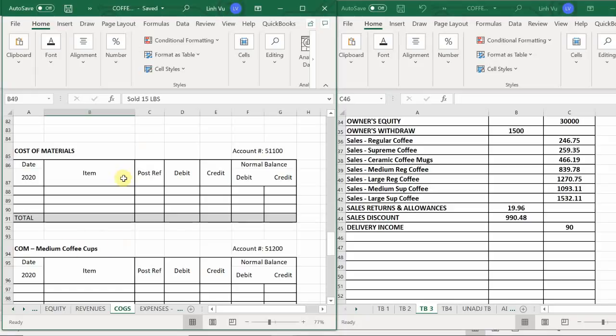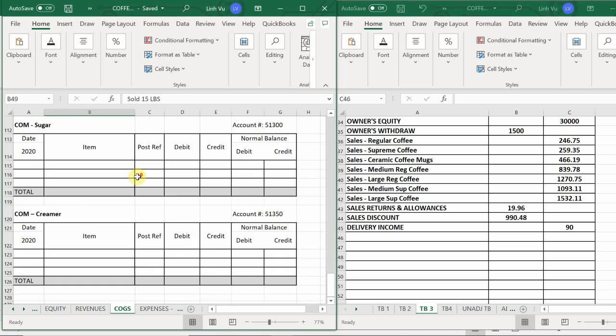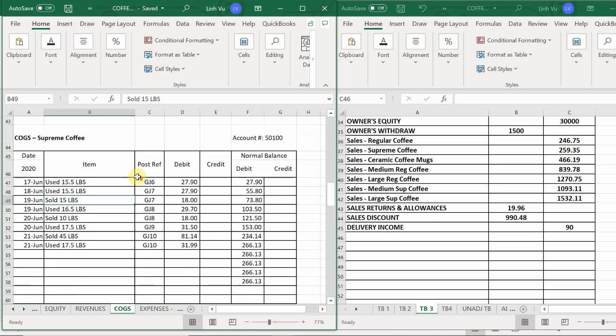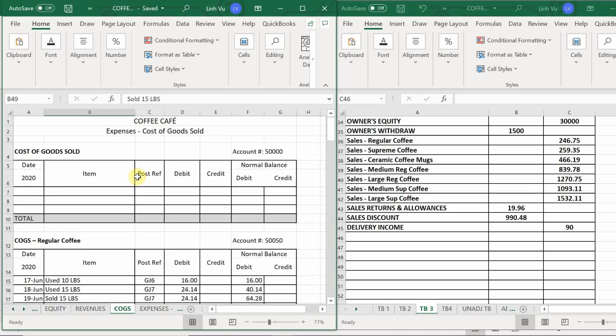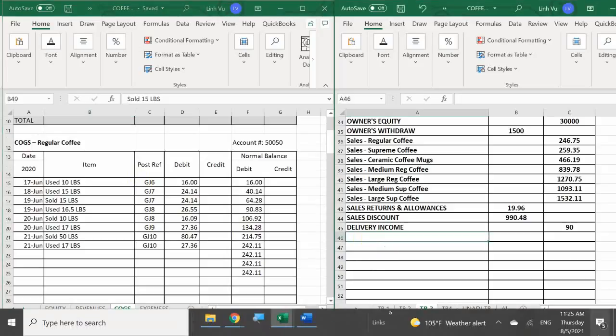So anything that's a business supply, so the medium cups, the large cups, the sugar and the creamer are going to be those accounts right there. Okay? So the only thing that we're counting here is the cost of goods sold for the regular coffee and the cost of goods sold for the supreme coffee. Okay. So cost of goods sold are all debits.